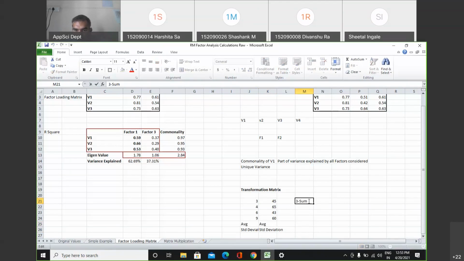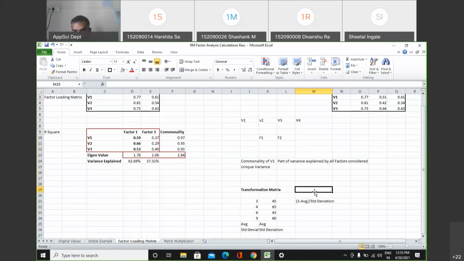That is the average, that is the X bar we call. So value minus the average, divided by the standard deviation, for each of the values we substituted.